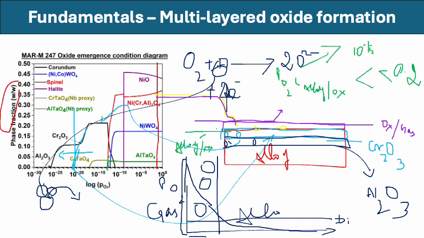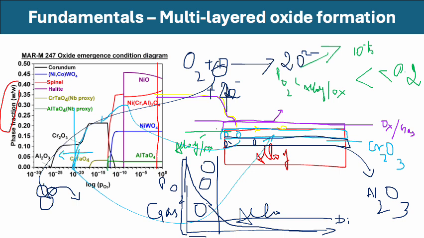So if you form a more protective oxide, so for now, let's say a more protective oxide grows slowly once it forms. It needs to form, it needs to coalesce, and the lateral diffusion should be fast such that it forms a continuous oxide scale. But at the same time, the outward growth rate of this oxide scale should be slow enough that it does not consume a lot of material.